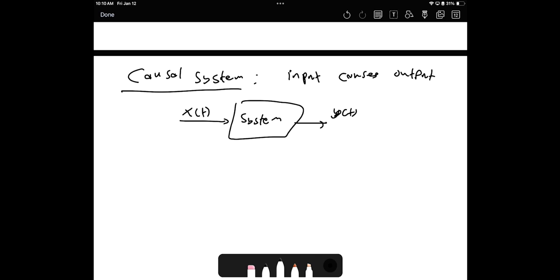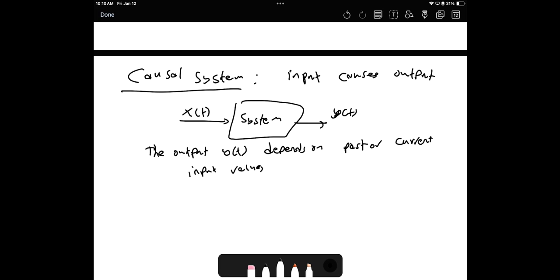So I will say that the output y of t depends on past or current input values, which is x of t.